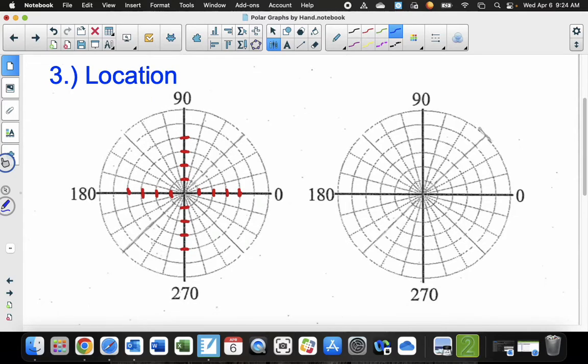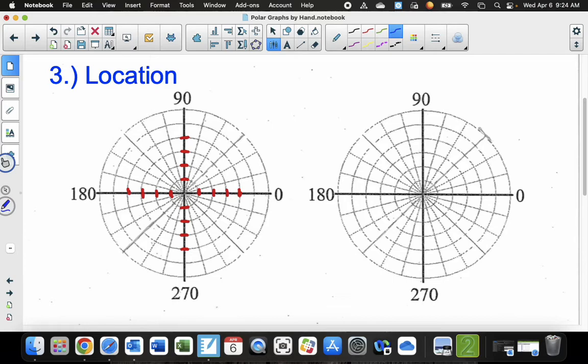And this really goes for a lot of these different ones, not only circles, but the limacons as well. The circle could be on the positive x-axis, the 0 degrees. It could be on the 90 degrees, the positive y-axis. It could be on the 180 portion, or it could be down here on the 270. It could be in any one of those 4 spots.